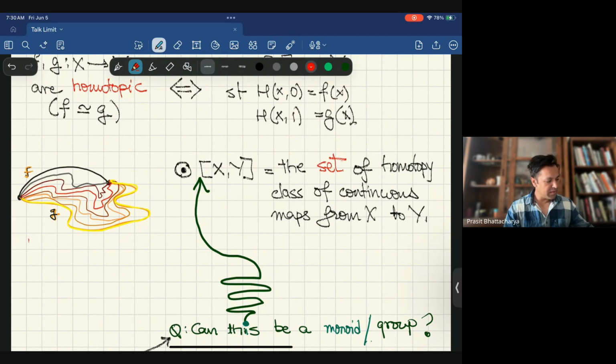If I look at maps from S^1 to S^1, how many maps are there from circle to circle up to homotopy? The circle is pretty easy to understand, at least we can picture it. Any guesses?